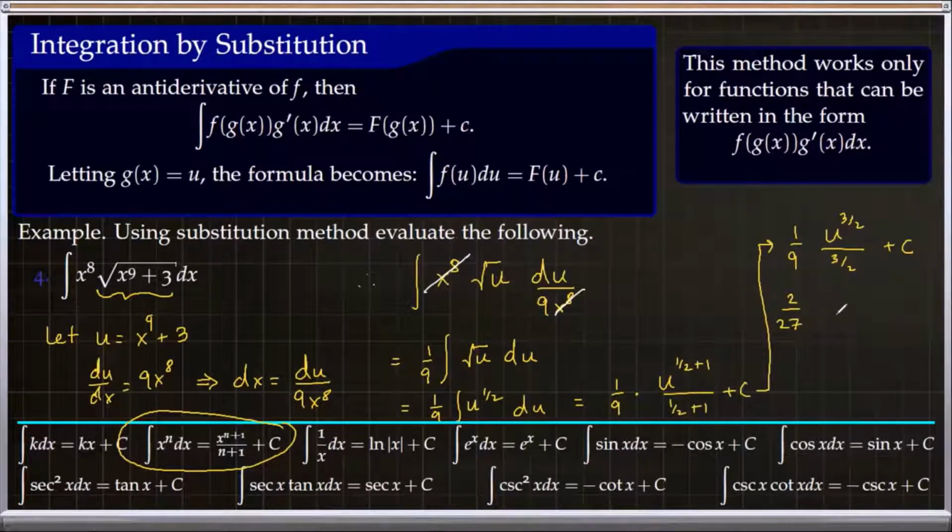And for u, now I can replace the expression of u in terms of x back here so that we have the final answer in terms of x. So (x^9 + 3)^(3/2) plus constant. So this is the integral.